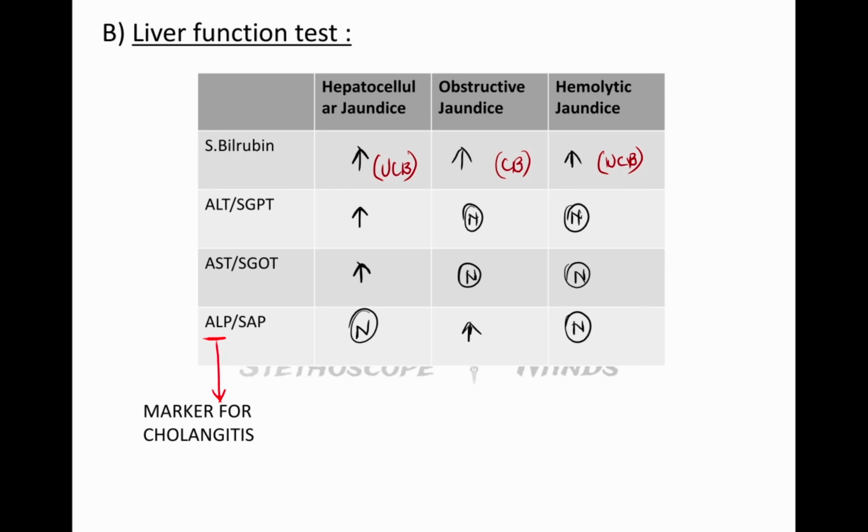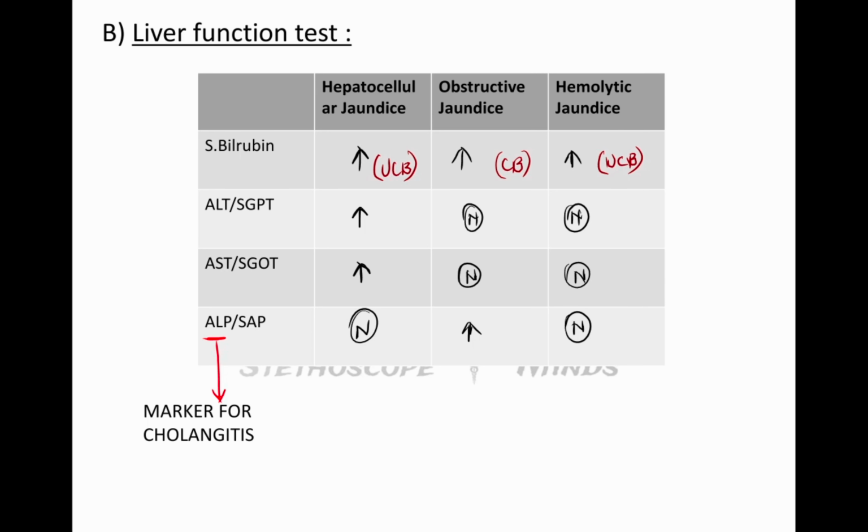So serum bilirubin will be increased and jaundice will occur. Next, hemolytic jaundice. It results when there is excessive hemolysis, meaning excessive breakdown of RBCs. So the name is hemolytic jaundice.